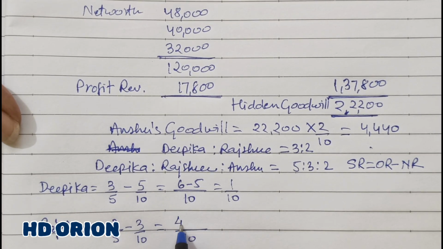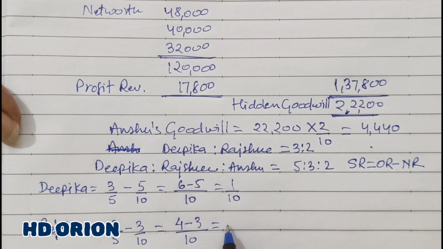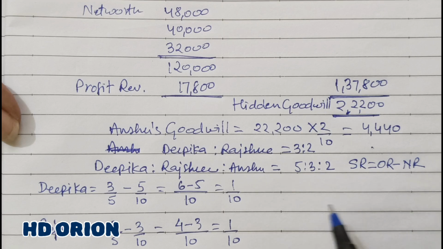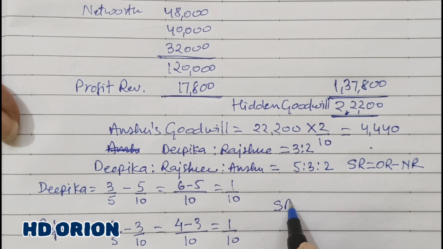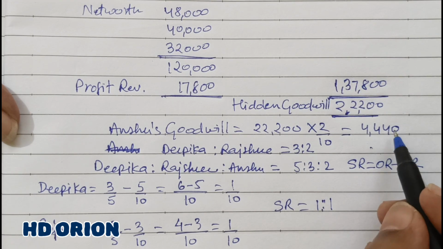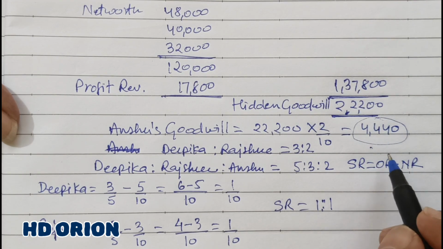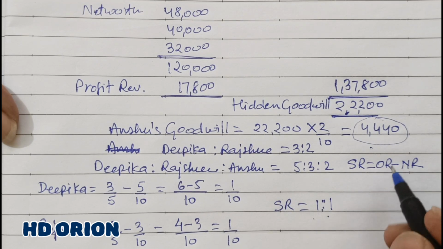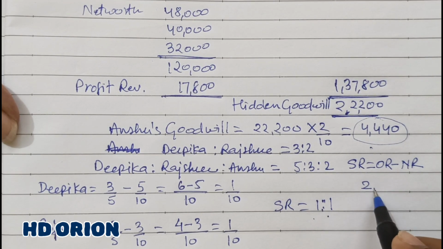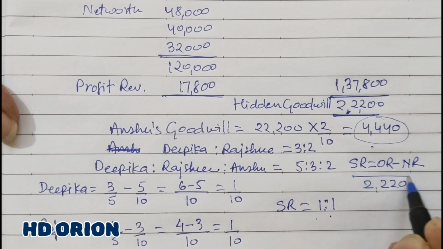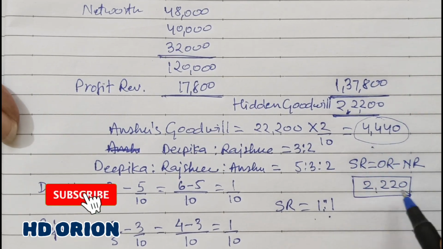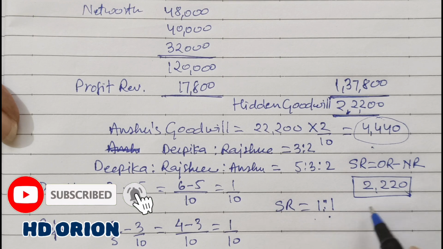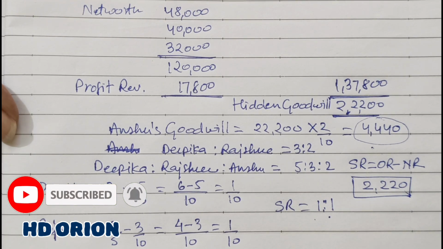In the numerator we will get 4 minus 3, which is equal to 1 by 10. Because the denominators are same here, the numerators are the sacrificing ratio, which is 1:1. So this premium will be given to the old partners in which ratio? 1:1. It means 2,220 each. Half of this will go to Deepika and the other half to Rajshri.